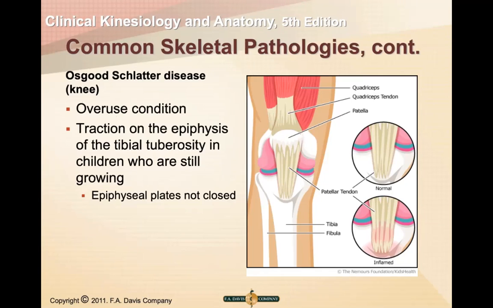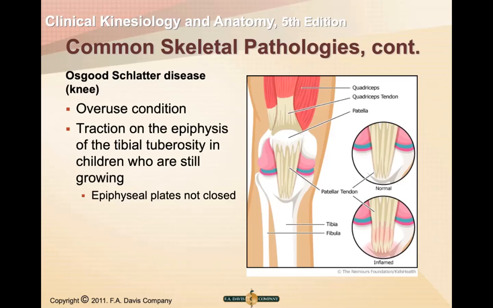Okay. Another common pathology of the skeletal system is called Osgood-Schlatter's disease. You may also know this as overuse of the patellar tendon, because that's actually what it is. A lot of times this happens to teenagers or athletes or people practicing for sports a lot, particularly track and field, or things where there's a lot of sprinting and jumping.